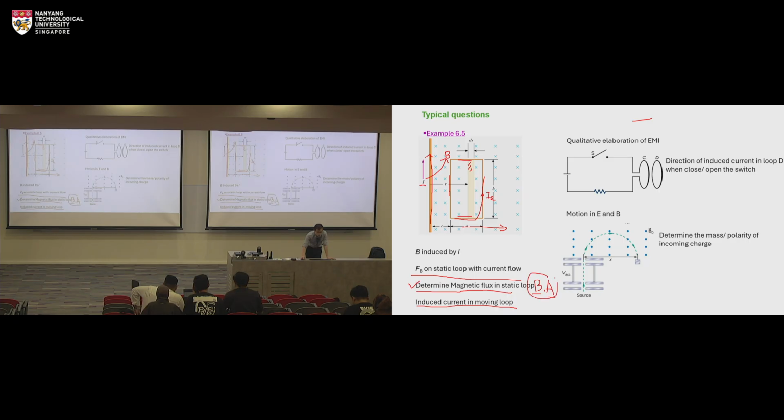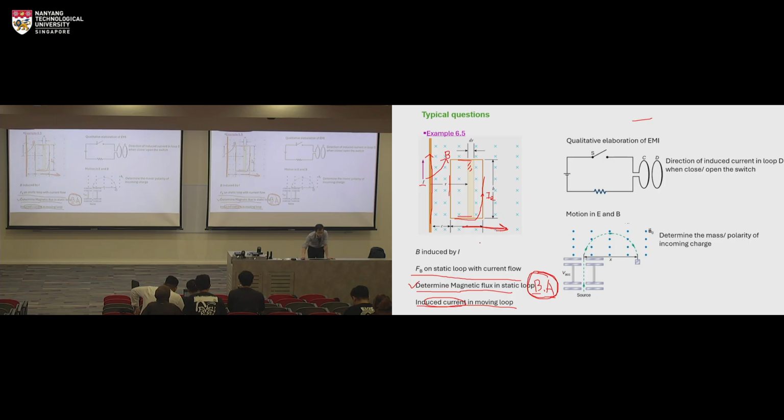Here, you already determine the flux. And on top of this, if this loop is also moving, then you can determine how this flux is changing, right? And if you can determine how this flux is changing, you can, in principle, at least determine the direction of the induced current.